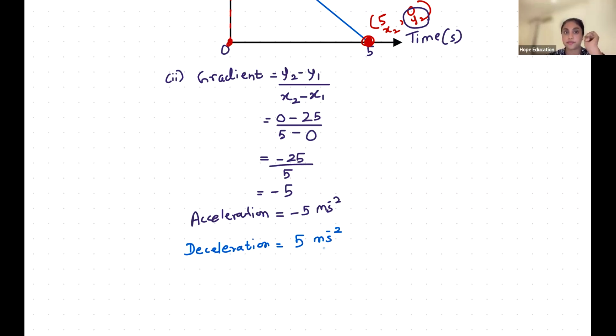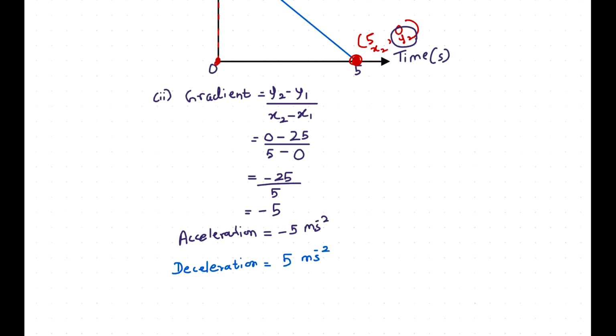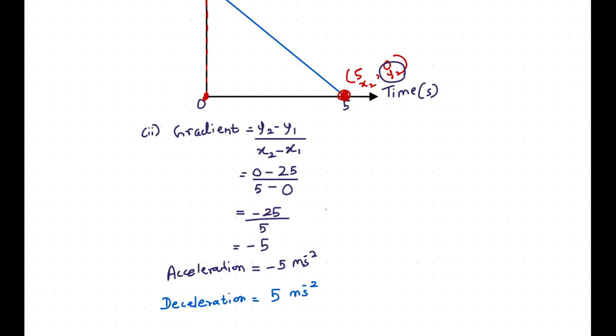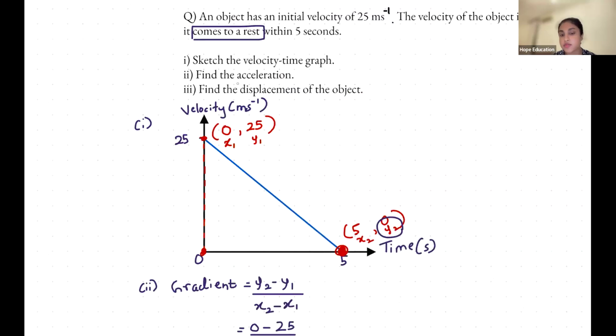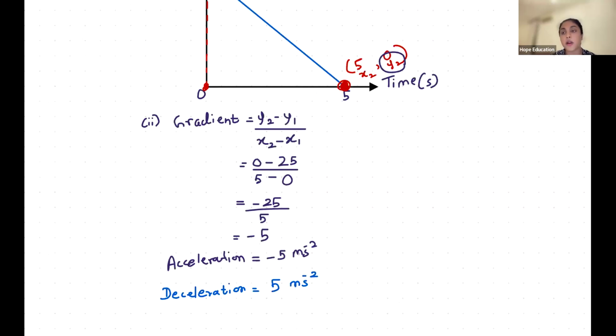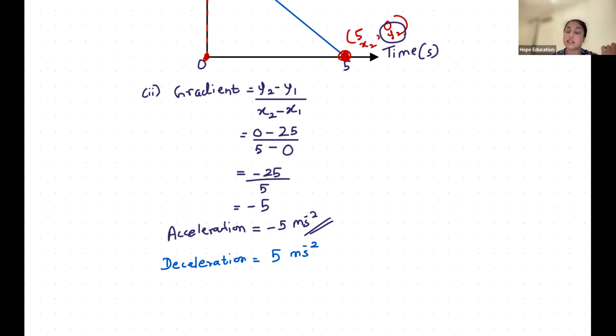So, Riji, if the answer was minus 5 m s to the minus 2, do we write it as 5? In the question, they're asking acceleration, so writing minus 5 is okay. This is an additional point that I said. If they ask deceleration, you get the same value as acceleration, but you change the sign. Here the acceleration is minus, so you remove the minus for deceleration.